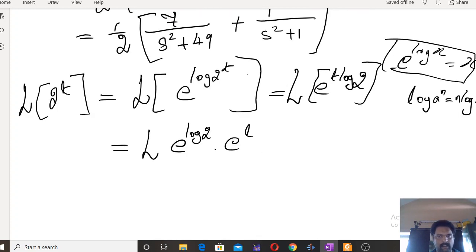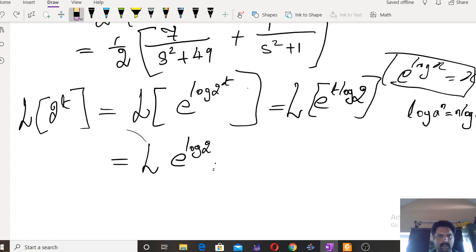So that is a constant, and here t is the variable. This is equal to, instead of e raised to at, we have the Laplace transform where instead of a we have log 2.